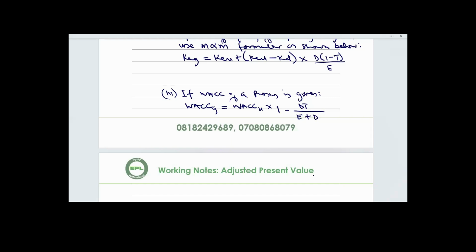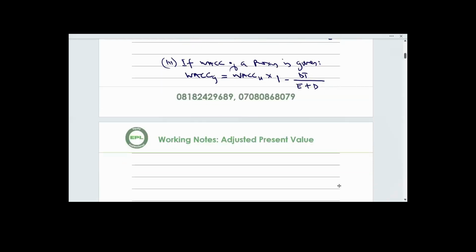This is the formula you are supposed to use to calculate WACC ungeared. This WACC ungeared is the same as cost of equity ungeared. All right. So note the WACC ungeared equals cost of equity ungeared.